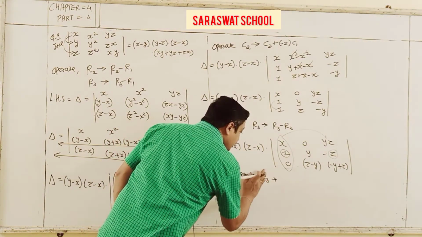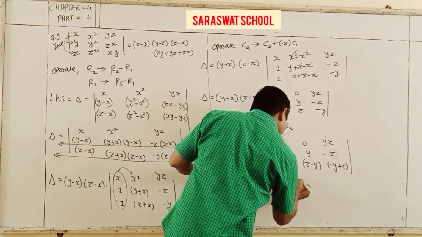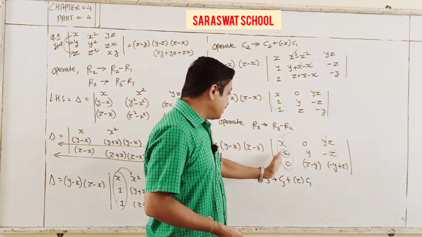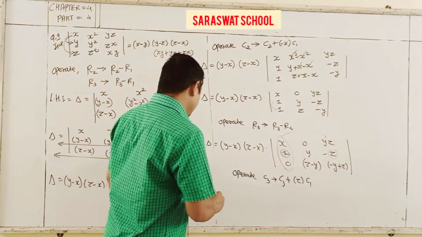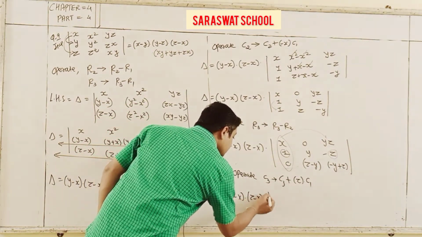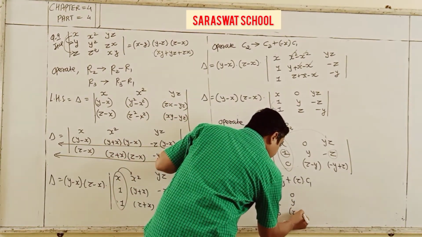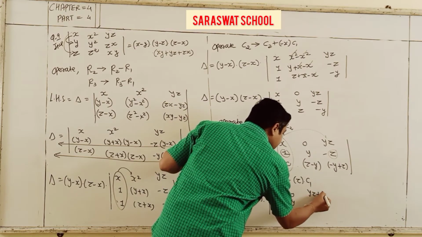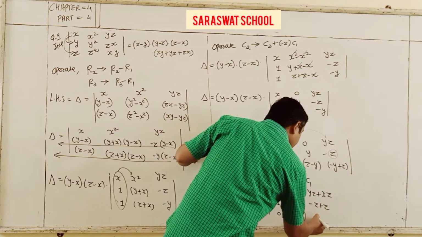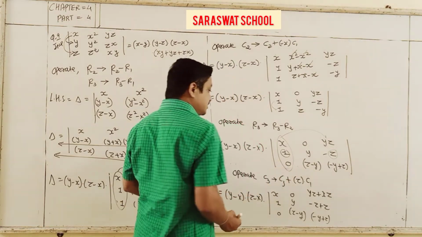Third column changes: third column plus z multiplied by the first column, C3 plus z times C1, so z minus z is 0. So your value is y minus x, z minus x, x, 1, 0, 0, y, z minus y. Here yz plus xz. You multiply by z, no? Here z minus z, and that same is nothing, because after that 0, and 0 plus z is nothing.